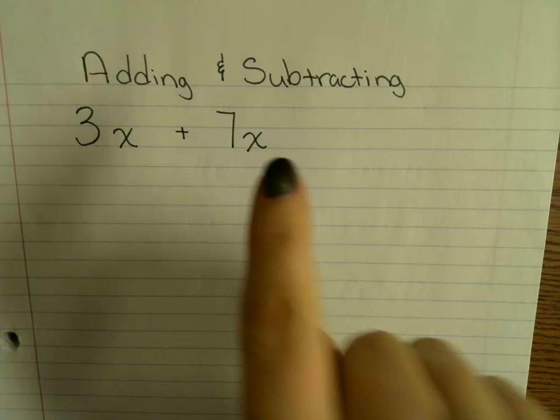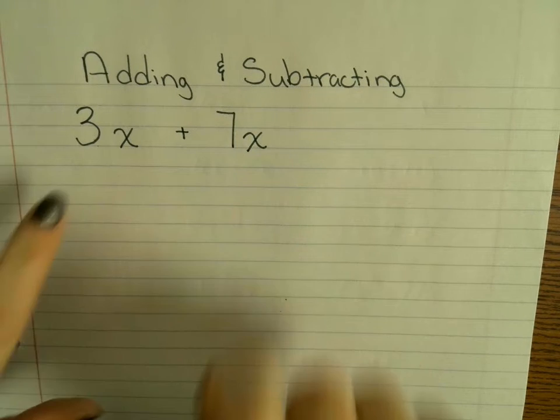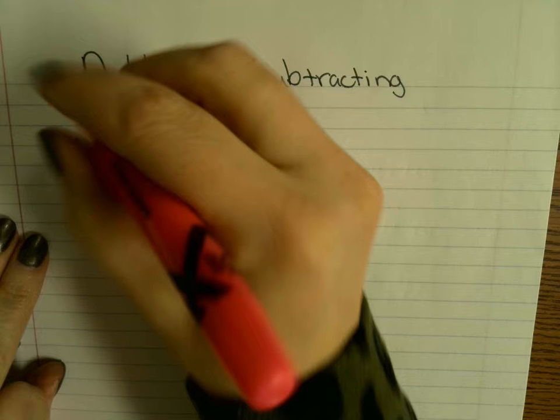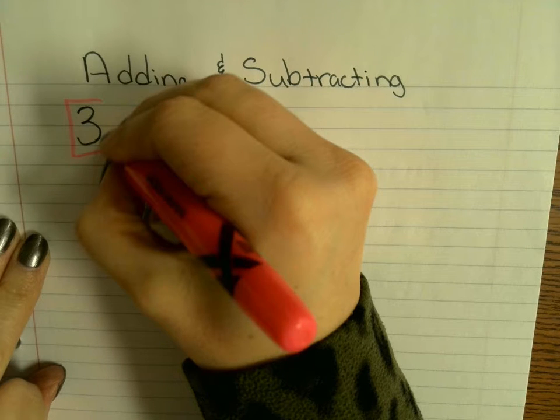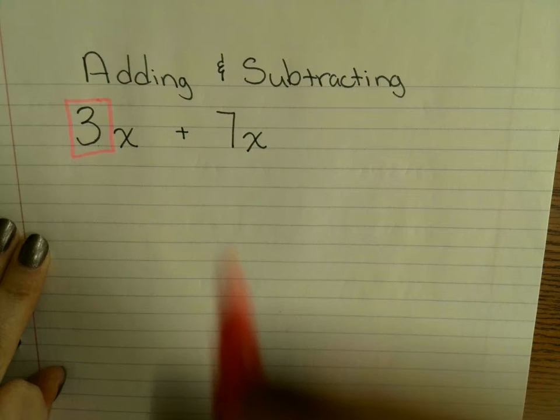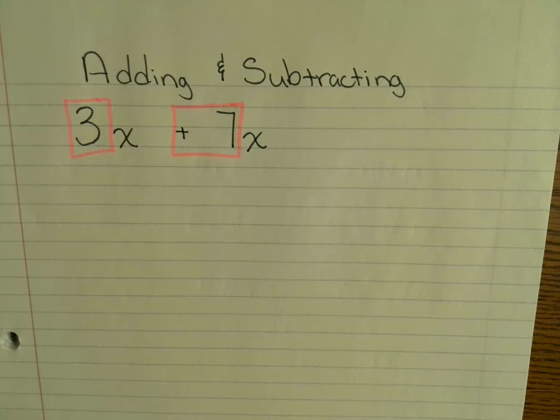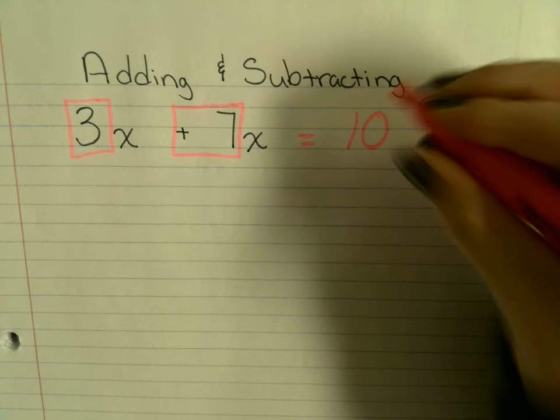Elisa. They both have the same variable. We call that like terms. Because they are like terms, we can take the coefficient, the 3, and the positive 7, add that together to get 10, and then we just keep the like term.